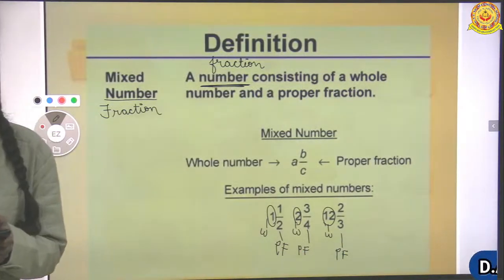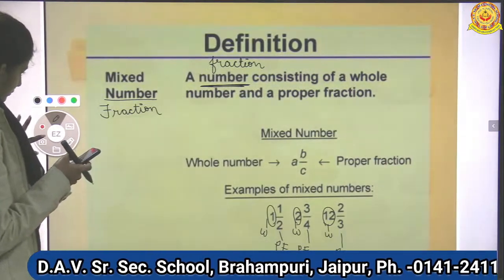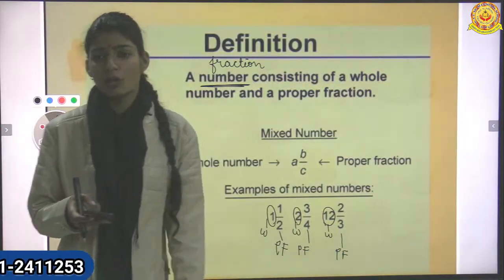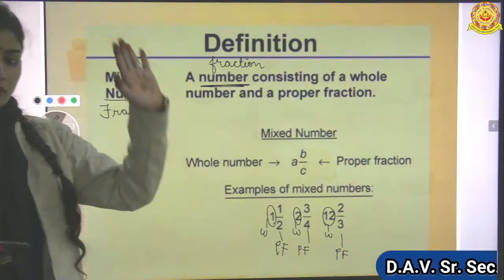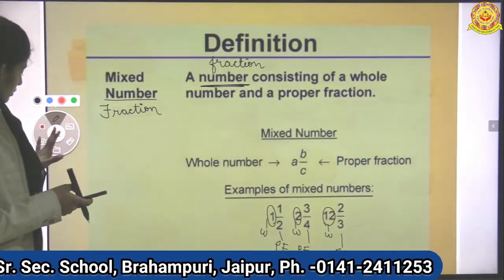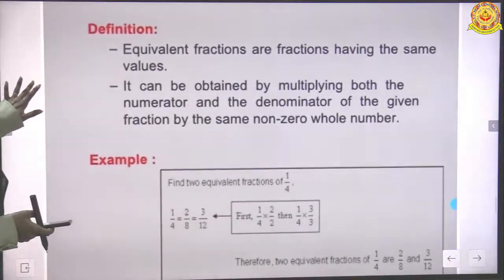Is it clear, everyone? In a mixed fraction we have whole numbers and proper fractions, with the whole number written alongside the proper fraction. Now the last one is equivalent fraction.